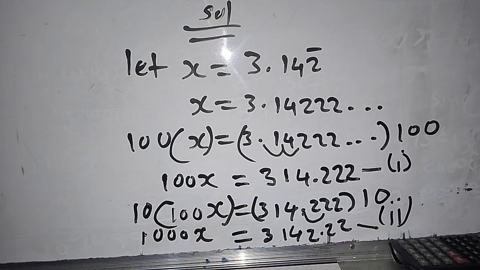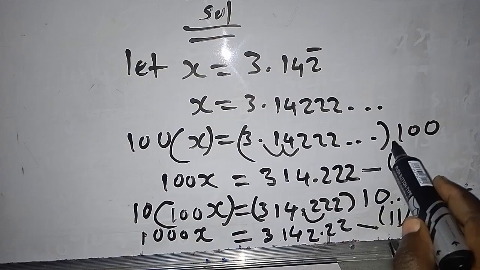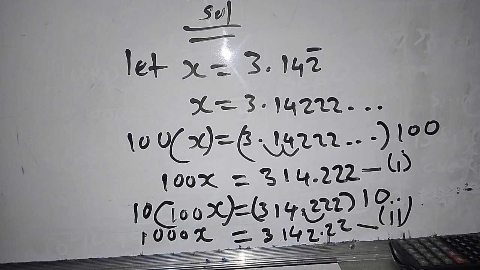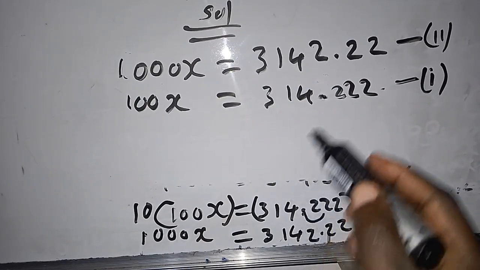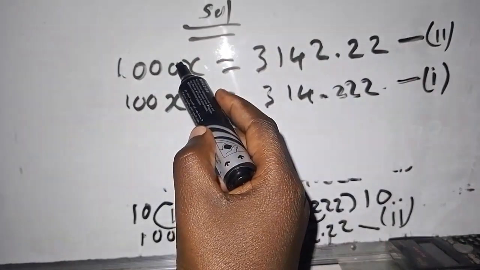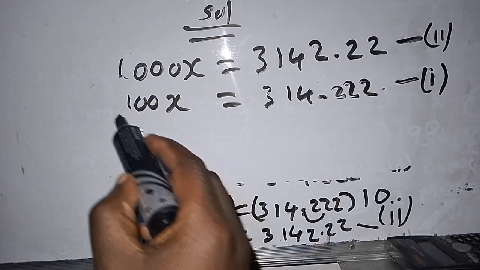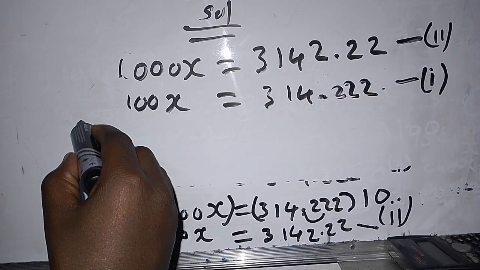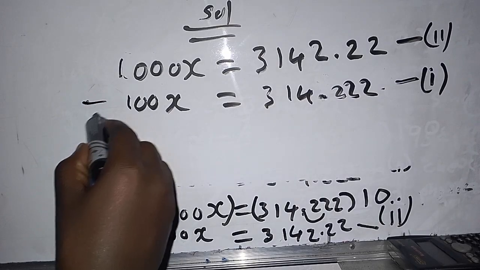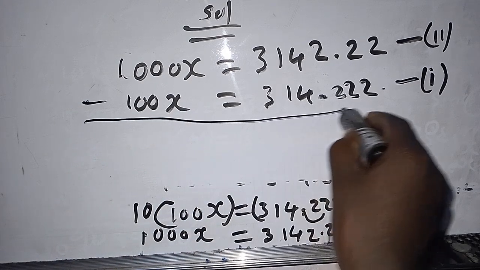So what we do now, we are going to subtract equation 1 from equation 2. I will clear part of the board so that you can see. Equation 2 is the one on top, and equation 1 is the one downward.